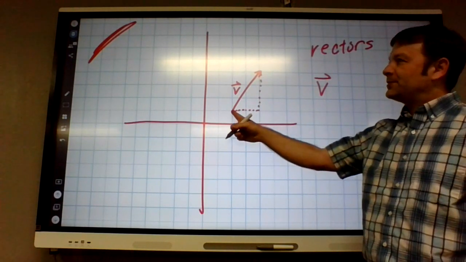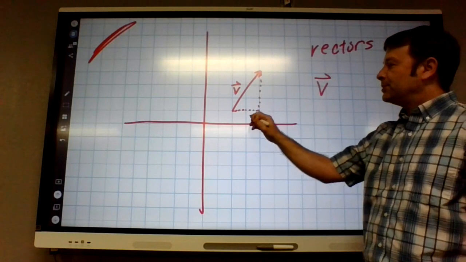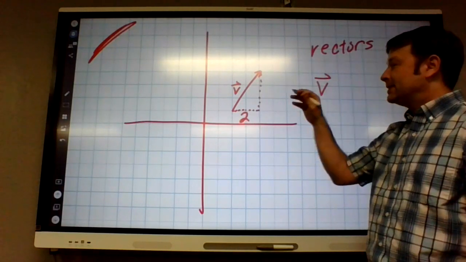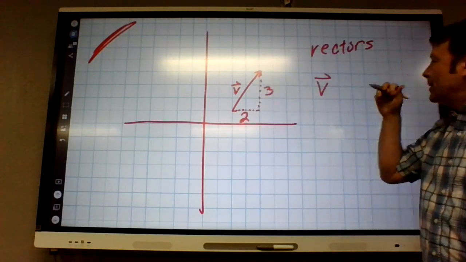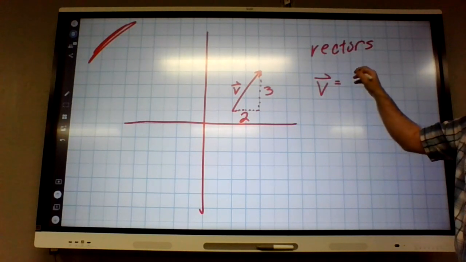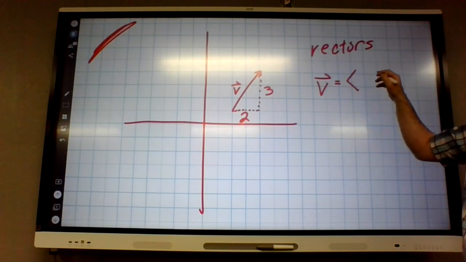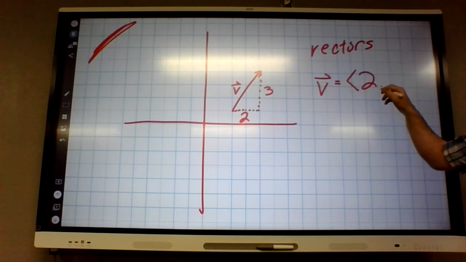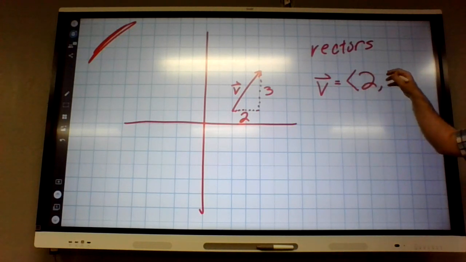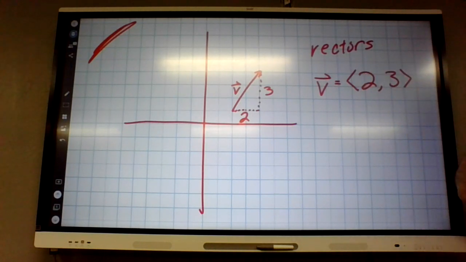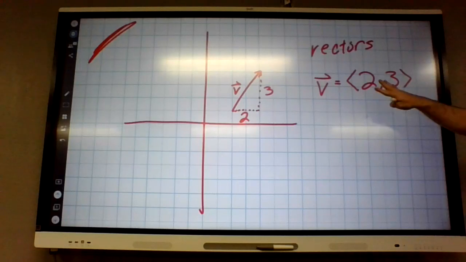It's 2 in x and 3 in y. We don't use parentheses because it's not a point on the graph. We use these arrow brackets. So vector V is <2, 3>. That means it's moving right 2, up 3.